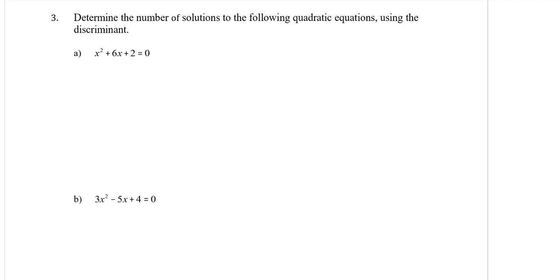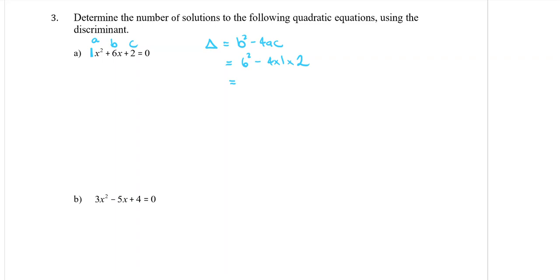Question 3 here says, determine the number of solutions to the following quadratic equations using the discriminant. Okay, so the formula for discriminant is the triangle, which means discriminant, equals b squared minus 4ac. From our equation over here, the a would be a 1, that would be sitting in front of the x squared, b is 6 and c is 2. So let's sub that in. It would be 6 squared minus 4 times a, which is 1, times c, which is 2.